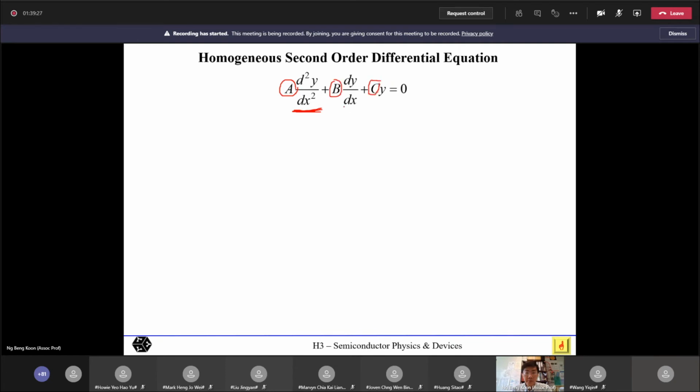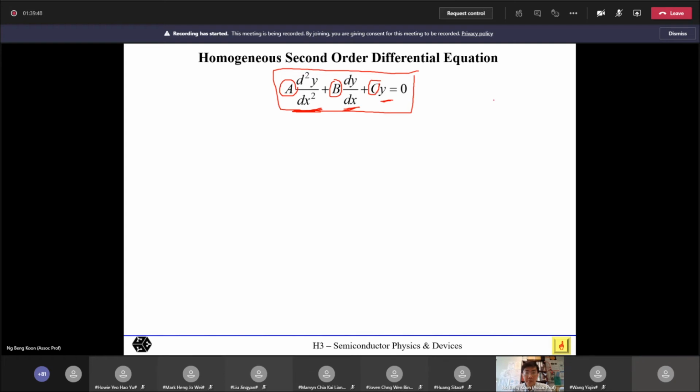So this comprises the second derivative of y, the derivative of y, and the y function itself. If your second order differential equation can be written in this form where it's equal to 0, then we call this a homogeneous second order differential equation.